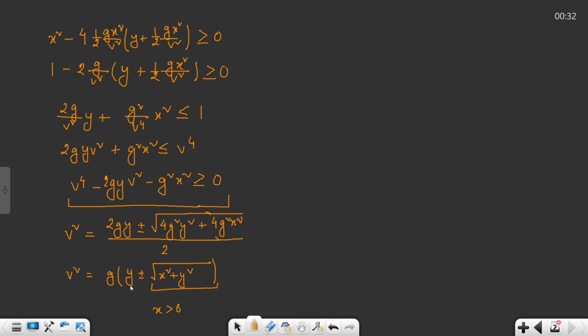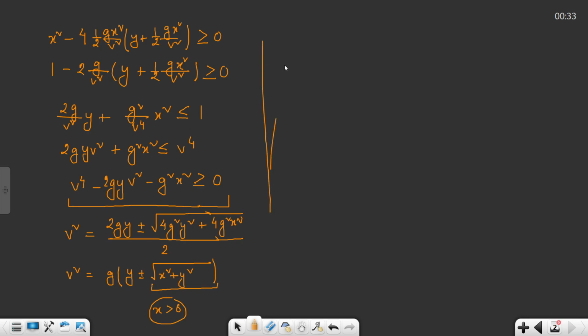For any x greater than 0, this whole thing over here is simply greater than y. So since this is greater than y, we cannot take the minus value, right? Why so? Because we have a square right here. If we take the minus value, this whole thing will be negative, and we will get an imaginary value of v, which we don't want.